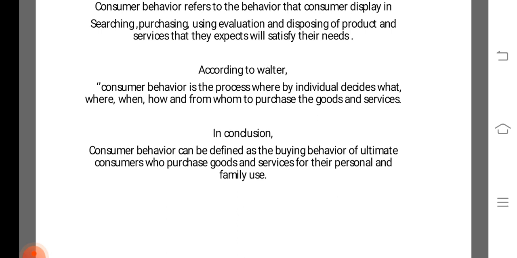He will check the quality of the product. He will visit different shops to check the price of those goods. He will compare the products with each other to select the best product and price. And finally, he decides to purchase the product at the price he or she is satisfied with.